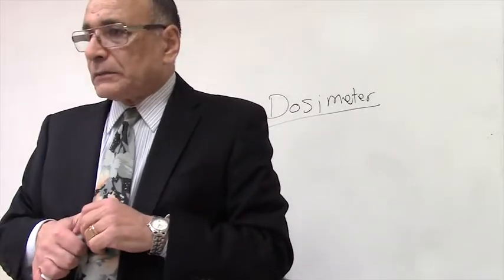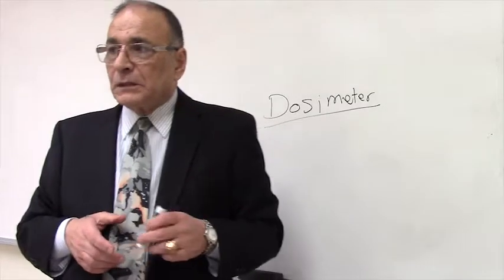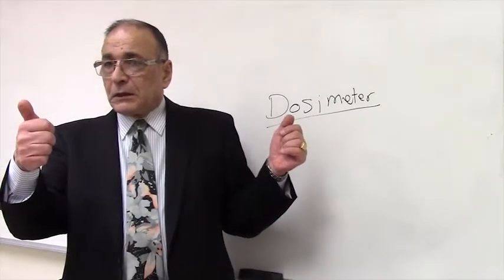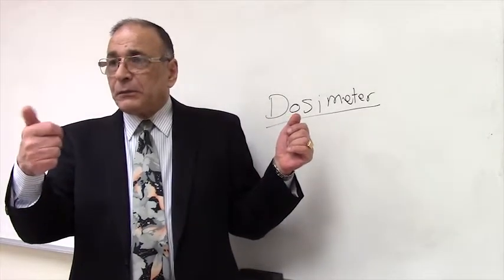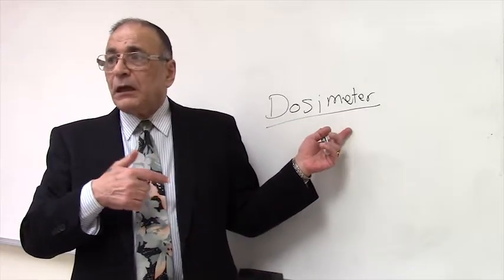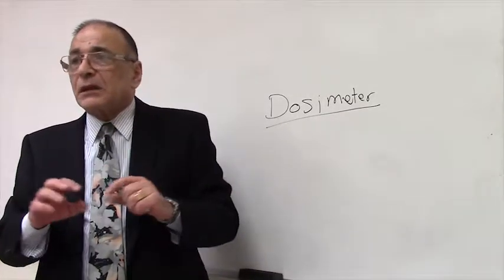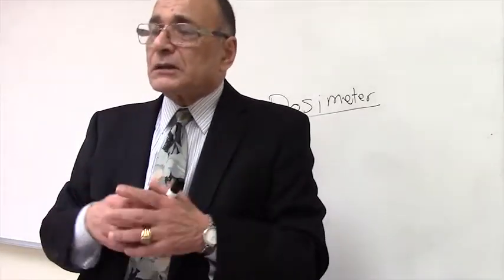Here is the question. What protects you in the X-ray room? Lead, right? Lead gown, lead apron, lead wall. Does the dosimeter protect you? No, it just measures how much X-ray you were exposed to.